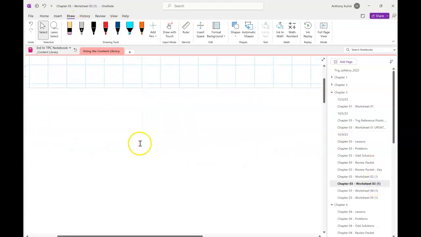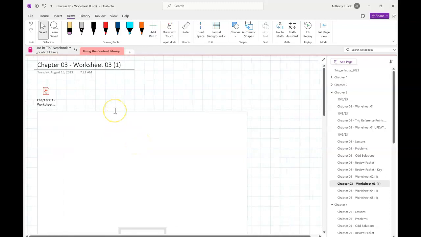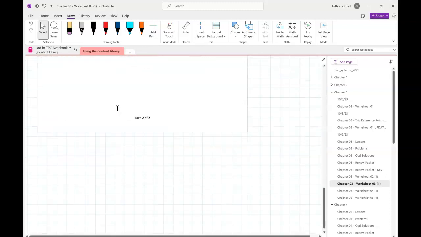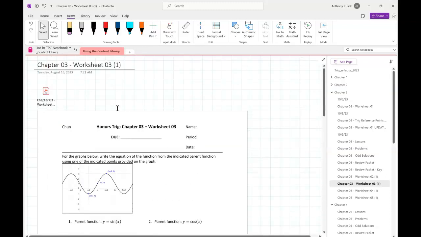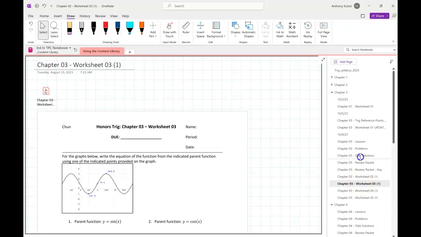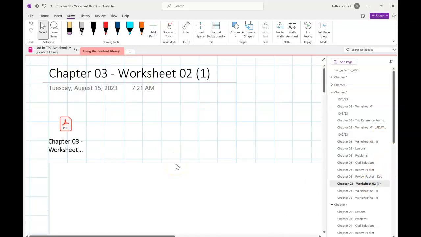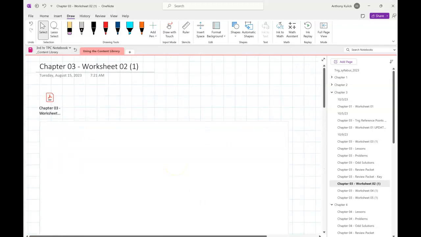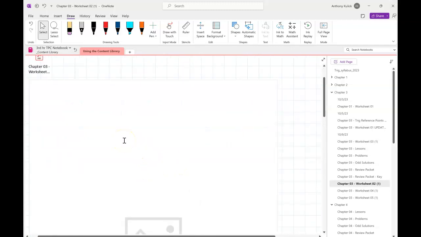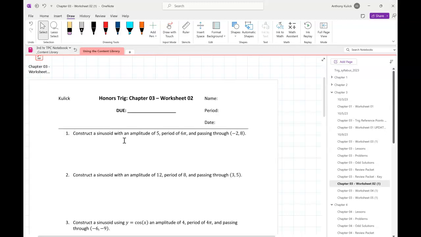All right. I'm just going to give you guys worksheet 3 today. We're not going to assign worksheet 2 yet. I like doing them in this order because worksheet 2 is going to be the same idea, but instead of giving you the entire graph, I'm just going to give you some information about the graph written in words.